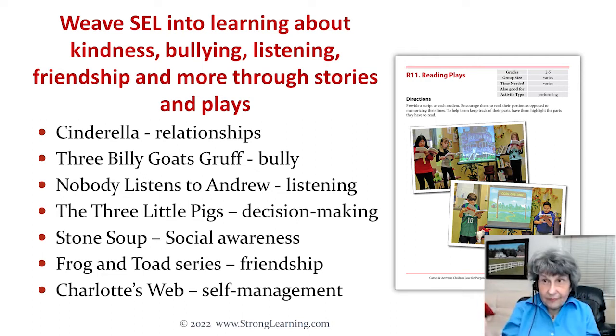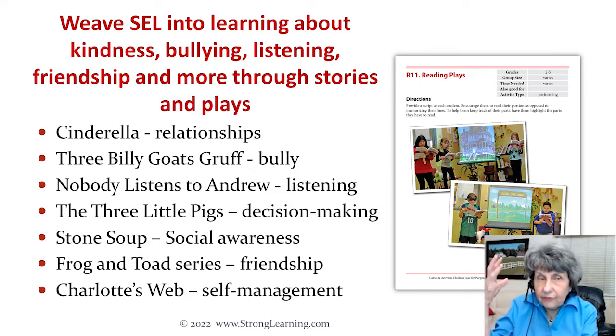Charlotte's Web. Could that be Charlotte is going through the stages of life? How's she dealing with all this? And Wilbur, how is Wilbur dealing with it? And now you're up to an 8-9-year-old level, starting to weave in decision making. There's your 5 CASEL categories.